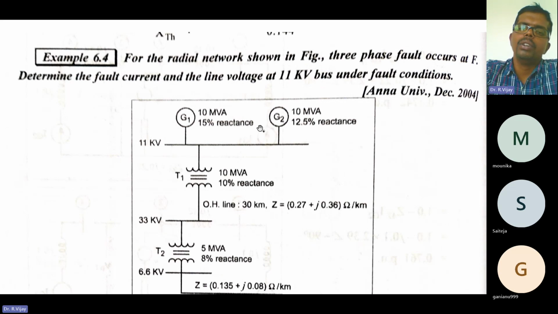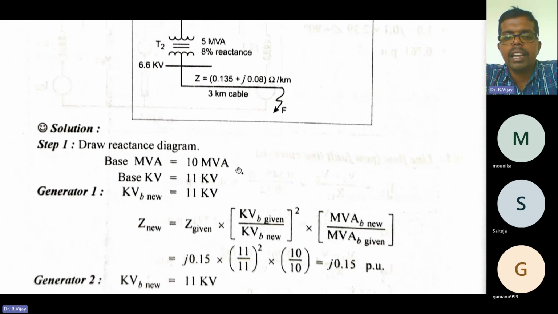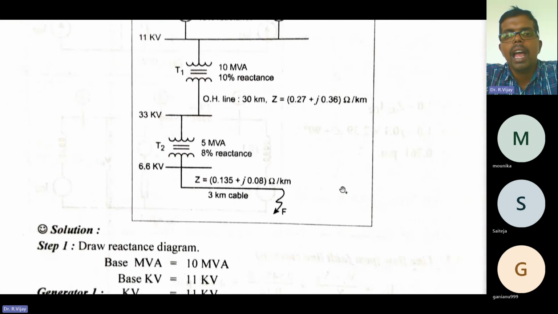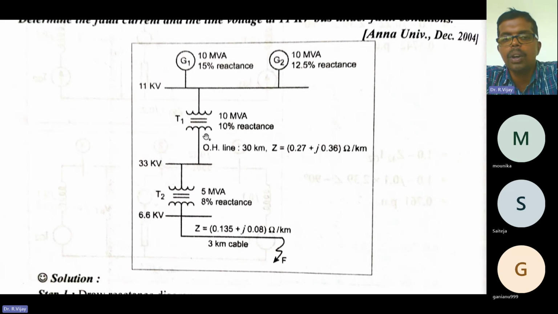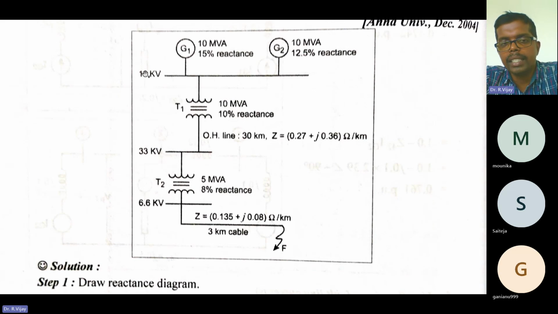Where you may incur a mistake is in the base kilovolt. While choosing the base kilovolt, always check which transformer it is being connected to. You shouldn't blindly take 11 kilovolt as the base voltage for all.